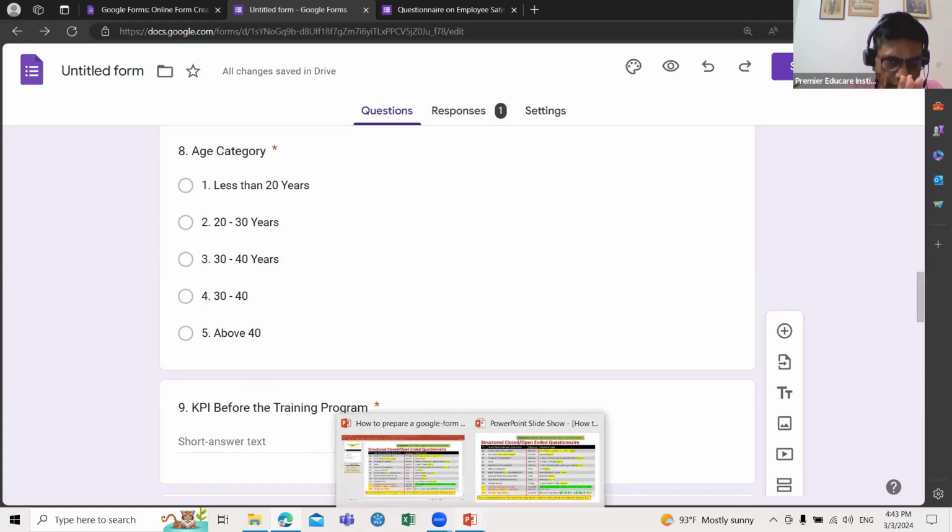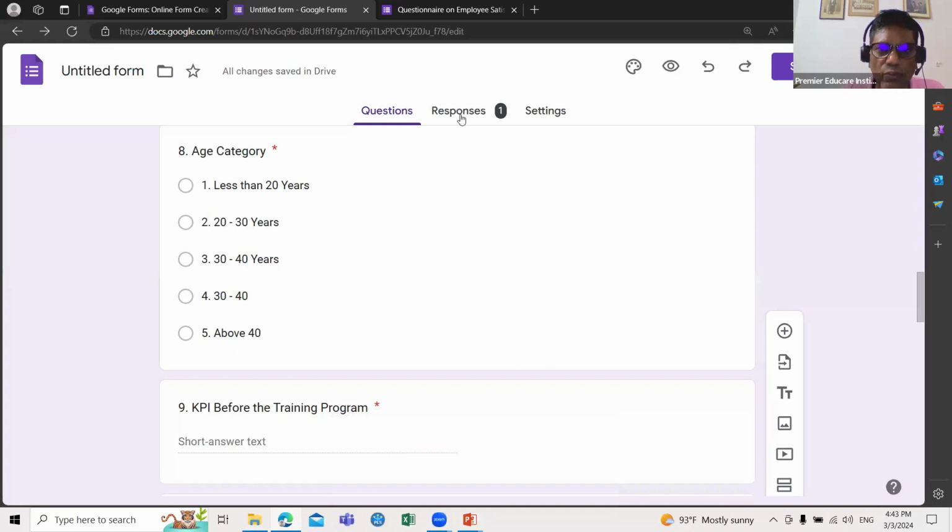Now the next step is you will have to get your data. I mean, you will have to distribute these Google Forms among your friends, and finally you are getting your responses here like this one, like 1 2 3 4 5, like that. And then they are in your Excel sheet, in the Google Sheets, and then copy and put into SPSS. That is what we are going to discuss in our workshop.